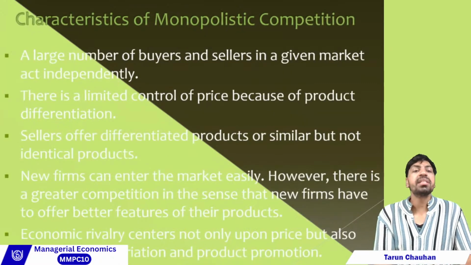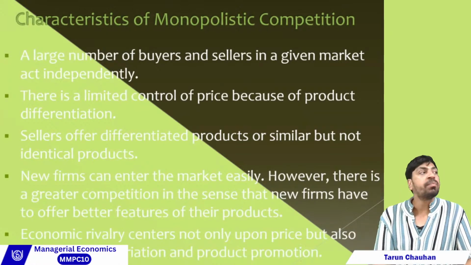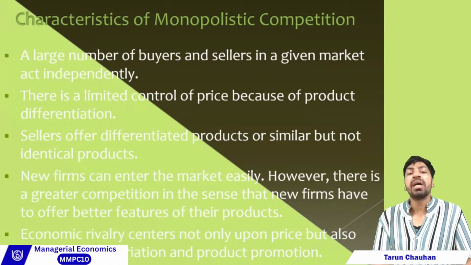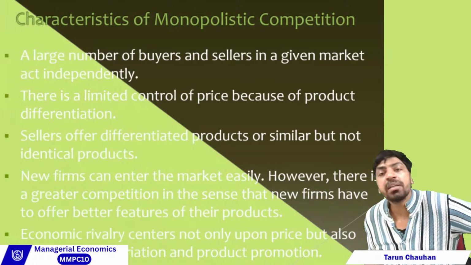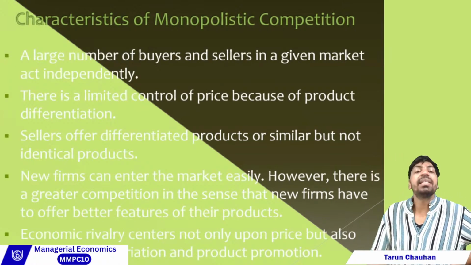These are the characteristics of monopolistic competition: a large number of buyers and sellers, and limited control over the price because of product differentiation. In fact, the sellers offer a differentiated product, a similar product but not identical. In monopolistic competition, product differentiation is a major tool for the sellers and the buyers.